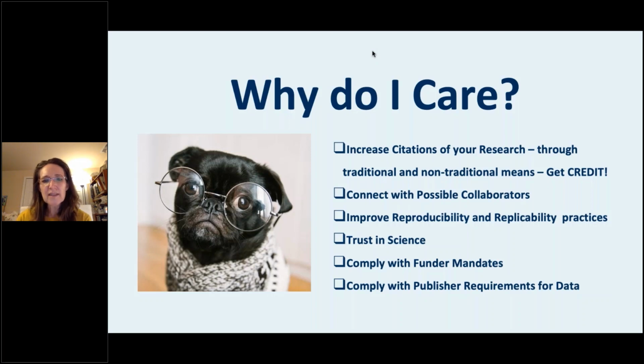It's important that when you provide data in a repository that's separate from your publication, you can get access to it through different sorts of search mechanisms that can lead to other possible collaborators. Remember, not everyone who's interested in your data is necessarily going to be part of your particular scientific domain.